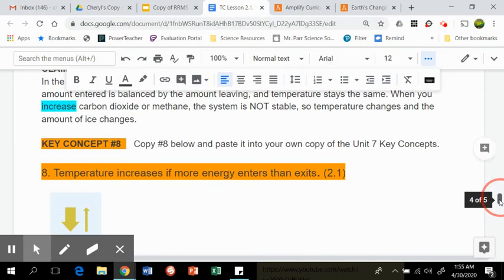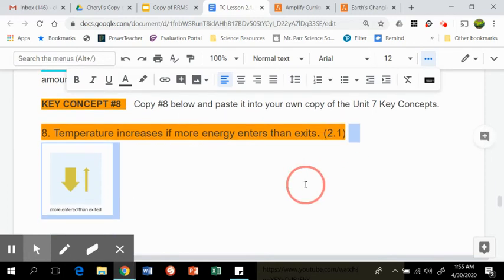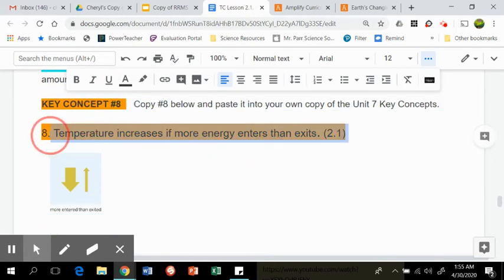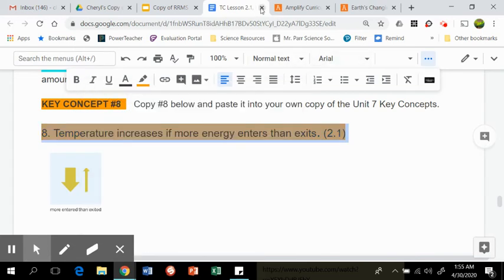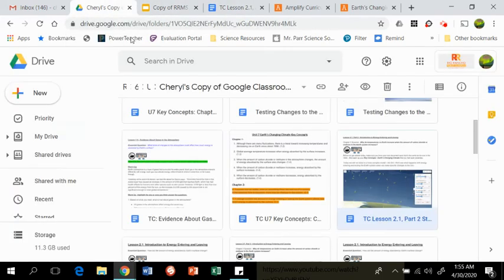So here we get to key concept number 8. Just like you did yesterday, all you're going to have to do is copy key concept number 8. You right click, you press copy. I didn't open my key concepts page.